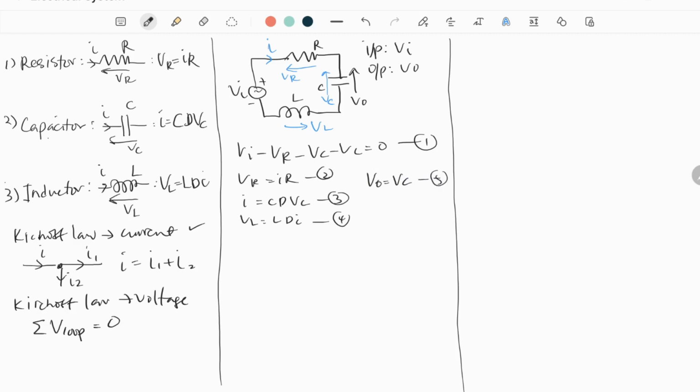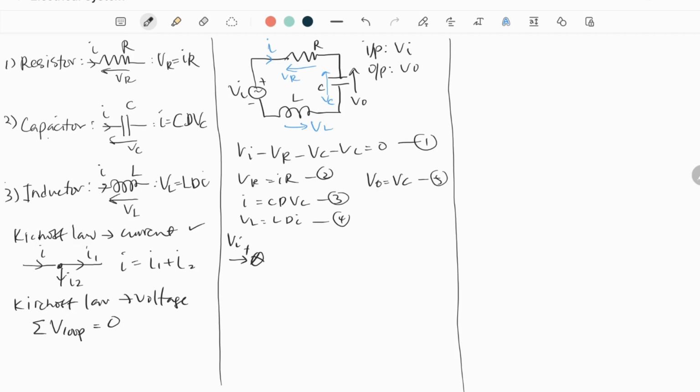So now we may start deriving the block diagram by using all these equations. We must be sure our input is VI, so we start with VI on the far left. By using equation number 1, VI minus VR, or VI minus VC, you can put it in either way because this is algebra. No problem if you start with VR, VC, or VL.